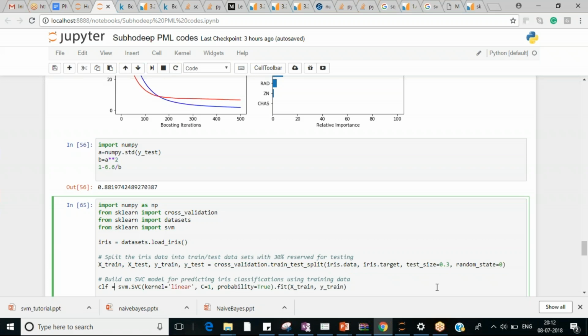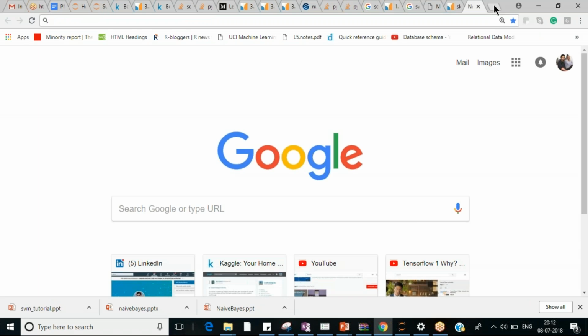And here I do a classification. So you do an svm.svc, which is the support vector classifier. If it is a regression problem, then you do an svm.svr, that is a support vector regressor. You put the kernel. I'll just show you what kernels are available.